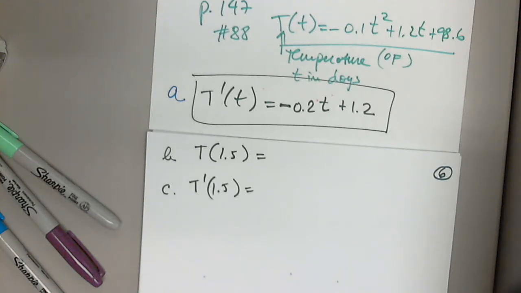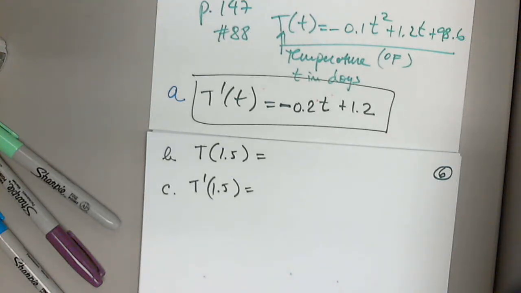Instead of just plugging in numbers, right? And I go to second and table, and what do I plug in? I plug in 1.5, and I get both answers at the same time.